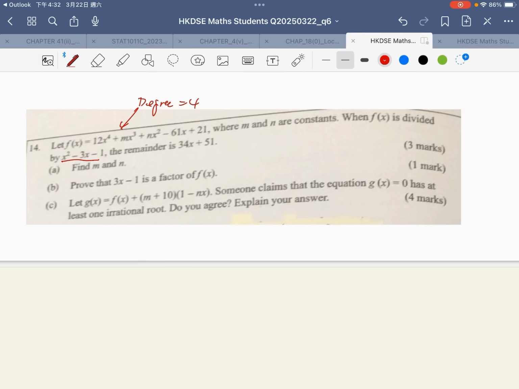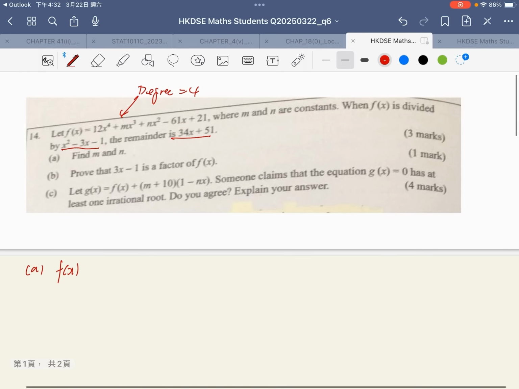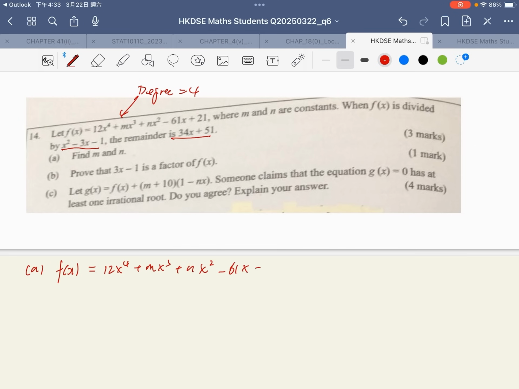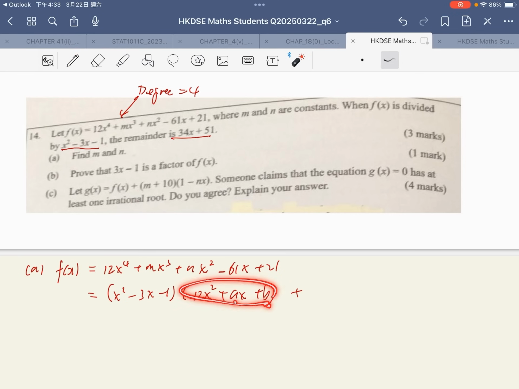By the given condition, we can let f(x) equal x squared minus 3x minus 1 times 12x squared plus ax plus b, where this is the quotient and a, b are constants.